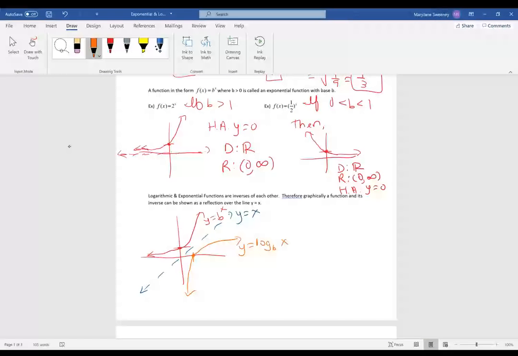And a log domain is 0 to infinity, range is all reals, and there's a vertical asymptote at x equals 0. So if you think about it, it makes sense. Since you're reflecting over y equals x, if you think back to your geometry days, a reflection over y equals x swapped your x and y coordinates.